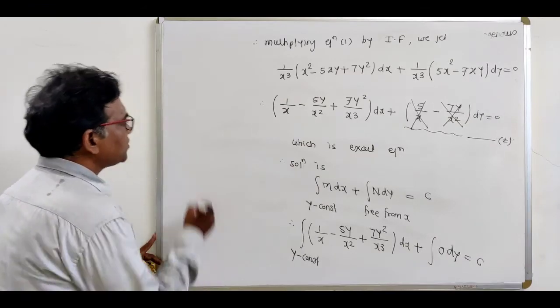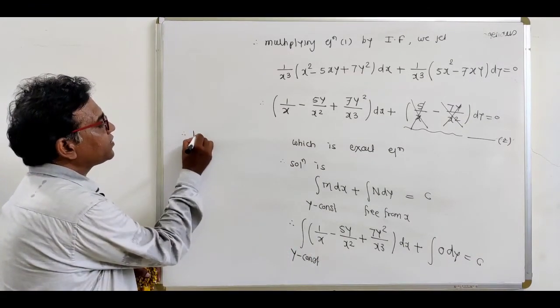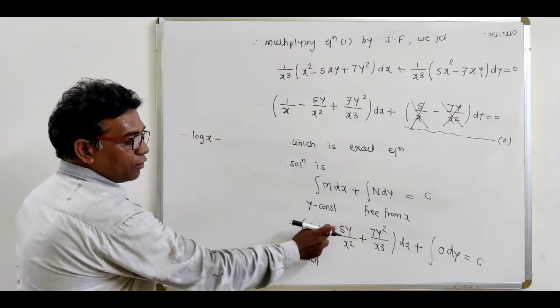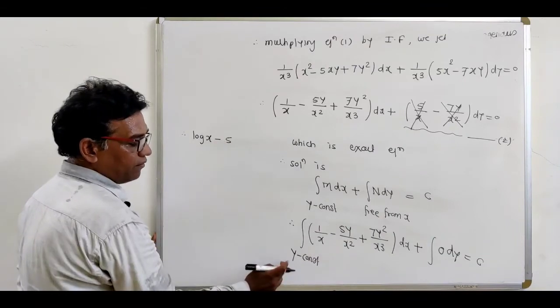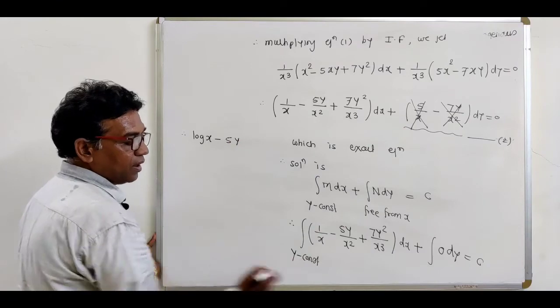So just find out the integration. So this is integration of 1 upon x, this is log x, minus 5, this is constant. We have taken for second integral, we have taken as a constant element, so y is constant.